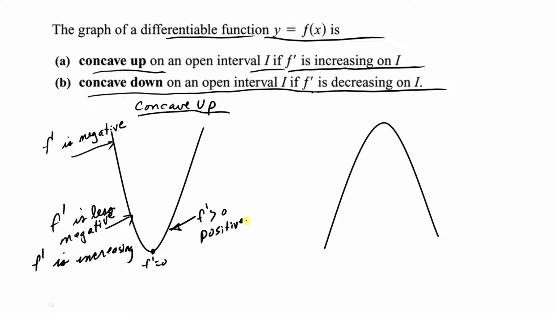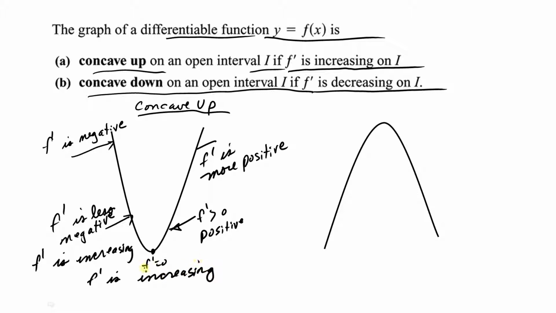At this point, f prime is more positive further up on the graph. So we conclude that f prime is increasing.